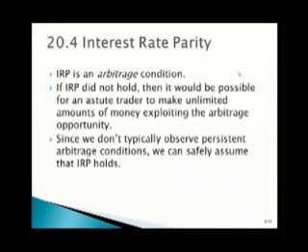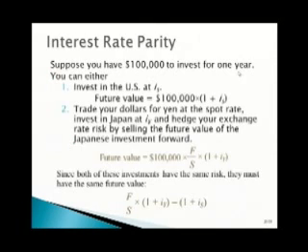If interest rate parity didn't hold, then it would be possible for an astute trader to make unlimited amounts of money exploiting this arbitrage opportunity. And since we don't observe persistent arbitrage conditions, we can safely assume that interest rate parity holds.